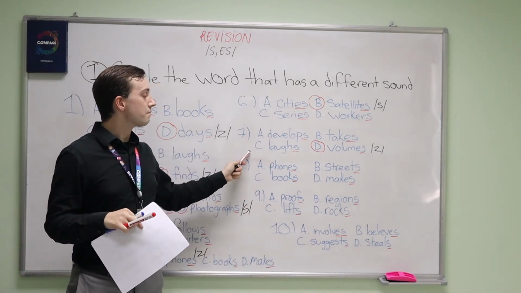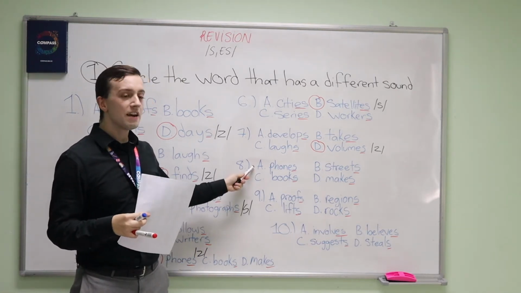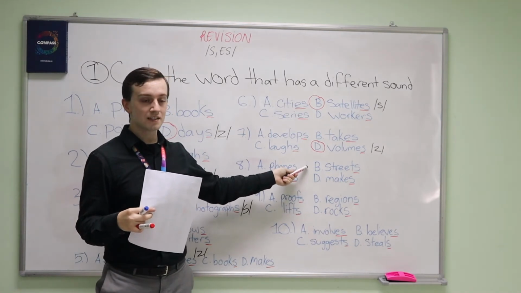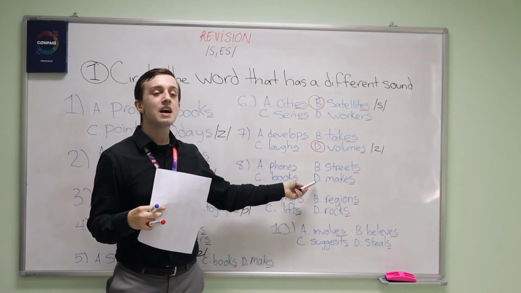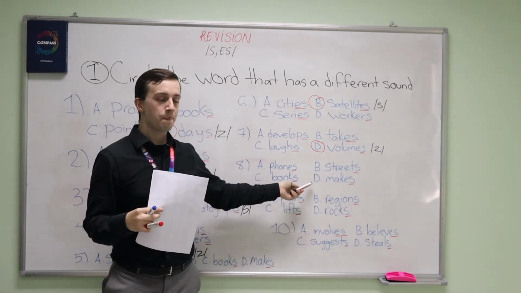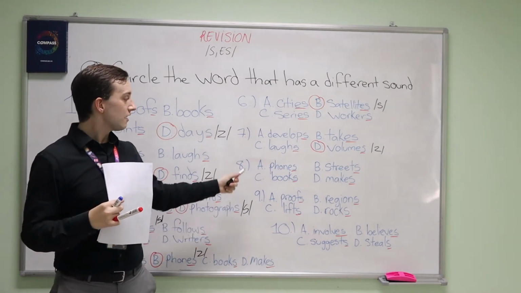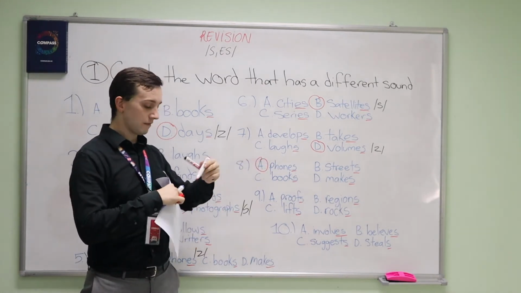Time for number 8. In number 8, there's A, phones. B, streets. C, books. And D, makes. Which word is different? The answer is A, phones. Okay?